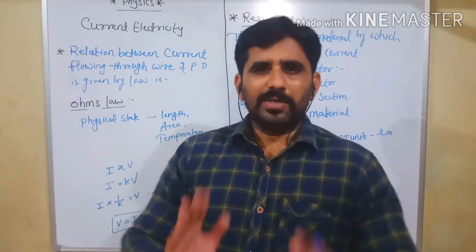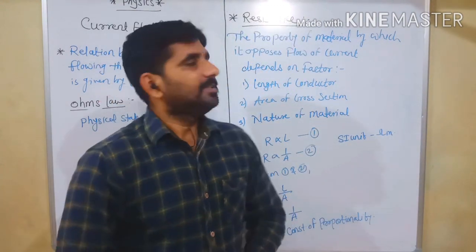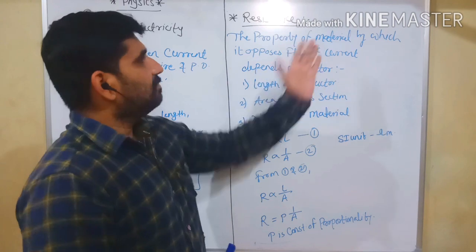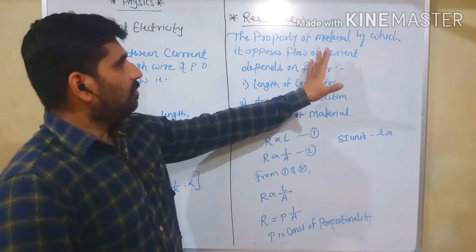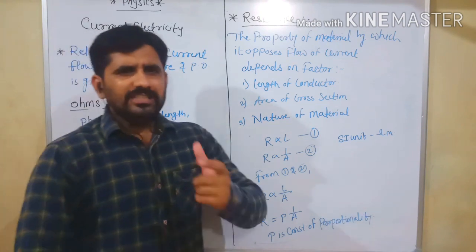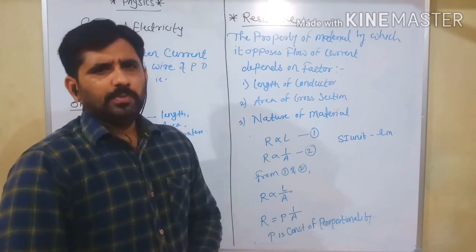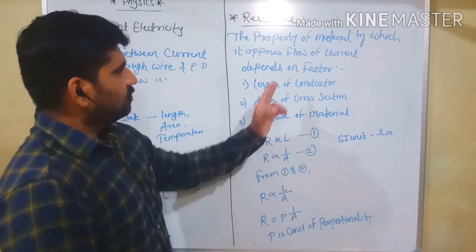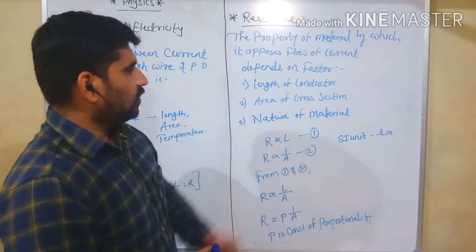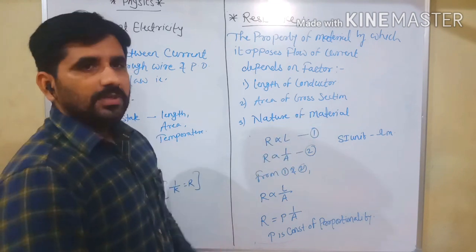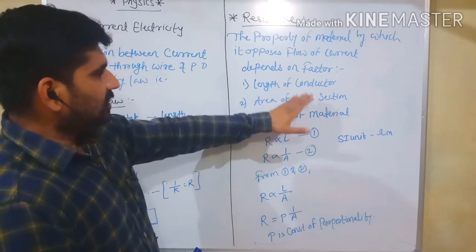Next is resistance and resistivity. Resistance is the property of a material by which it opposes the flow of current. This resistance depends upon certain factors: length of the conductor, area of cross section, and nature of the material. Let's discuss one by one.